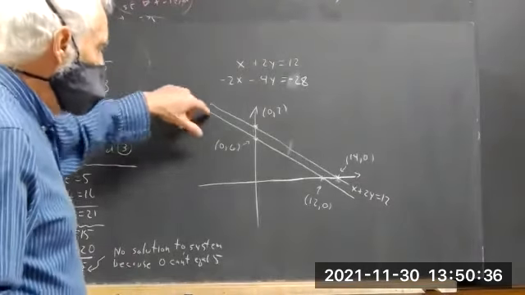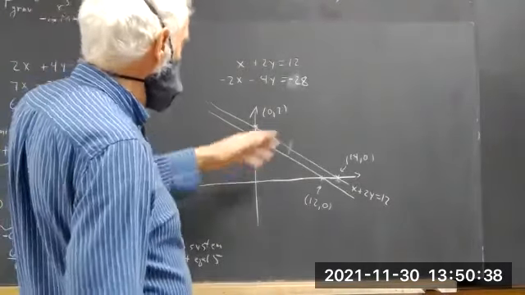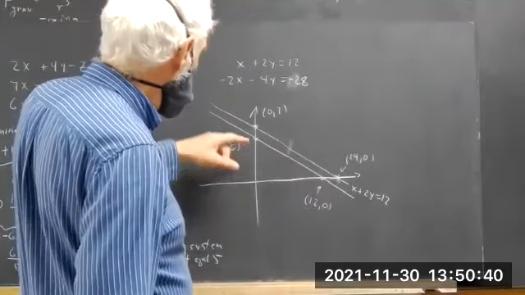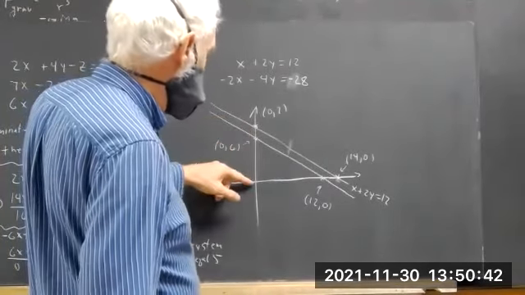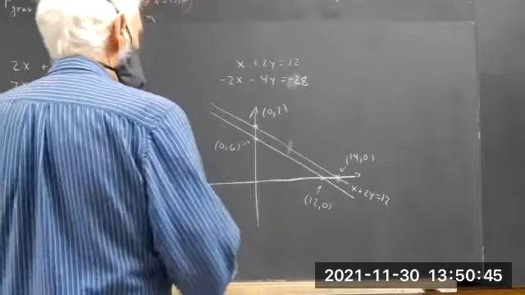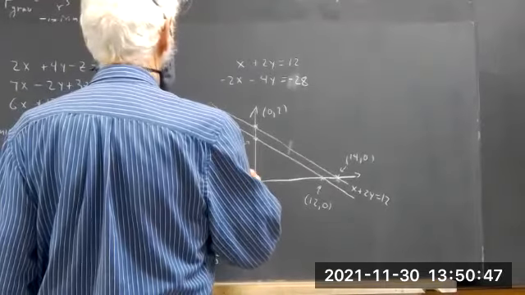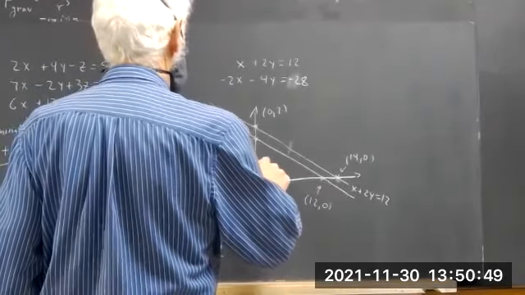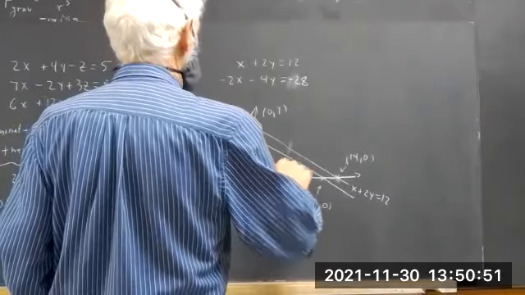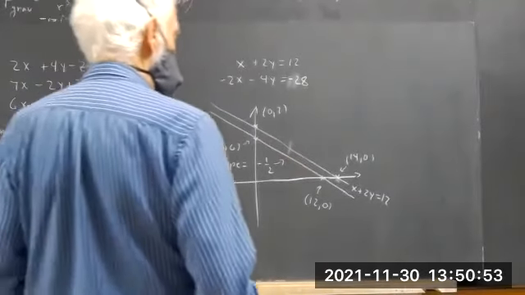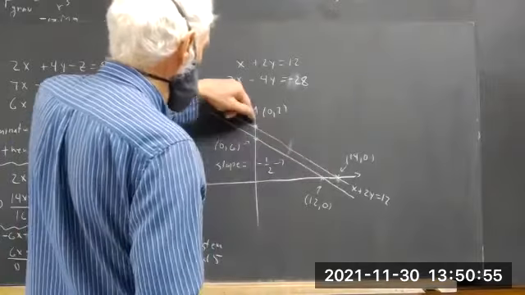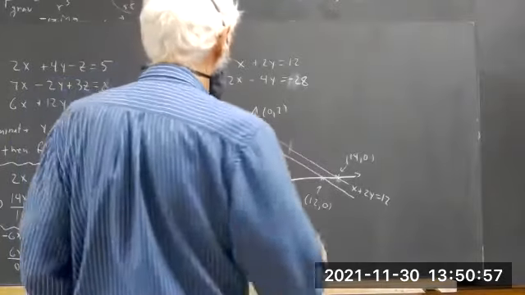The slope of this graph is rise divided by run, which is rise is negative 6, run is 12. The slope of this graph is negative 1/2. And from this point to this point, the rise is negative 7, the run is 14.